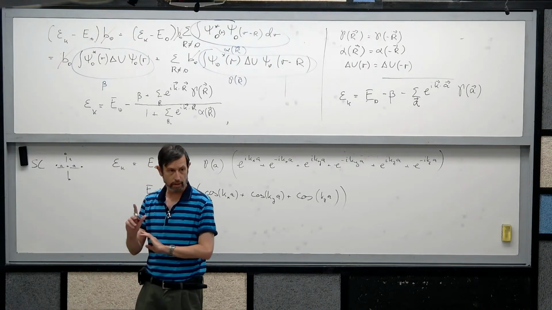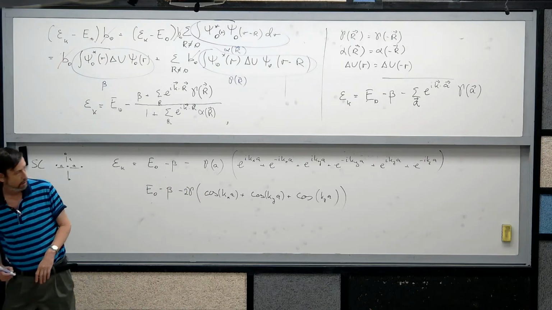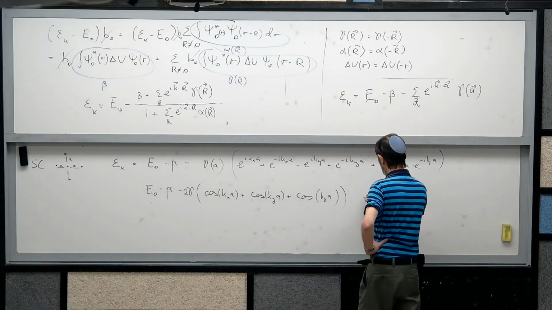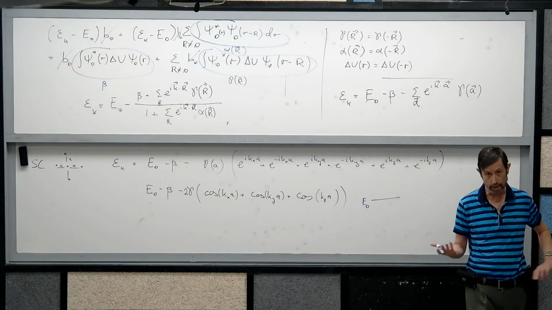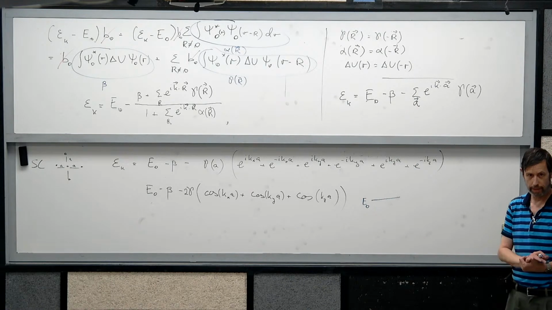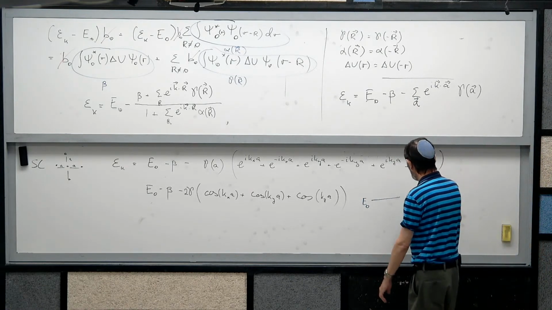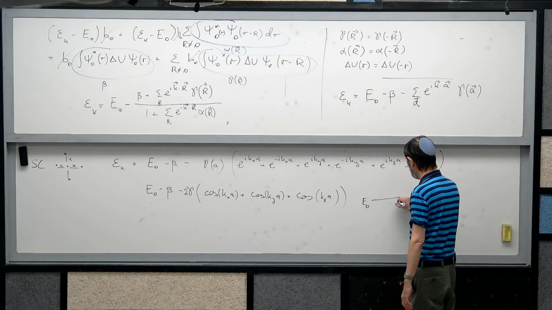We started here at the end of the day with a single atomic level, E0, right? That was our initial. Ended up with some shift of it by an amount of B.